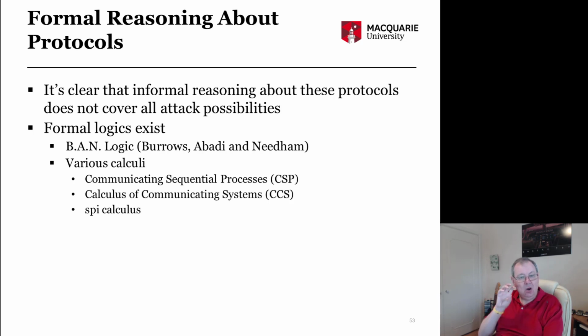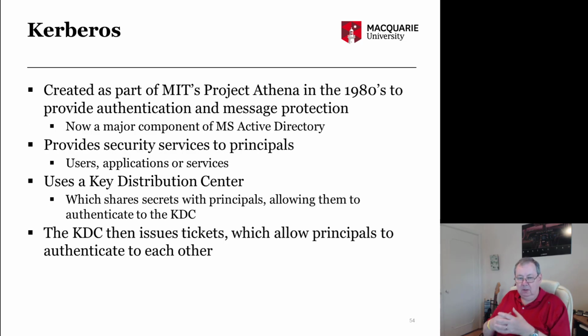So let's look at one real-world implementation of this kind of technique. Again, this is using nothing but symmetric or secret key cryptography. Forget all about public key stuff and RSA and Diffie-Hellman and those kinds of things. This was invented before that. Okay? There's a protocol called Kerberos.